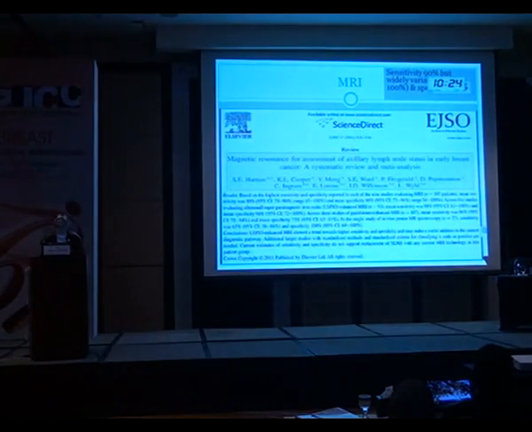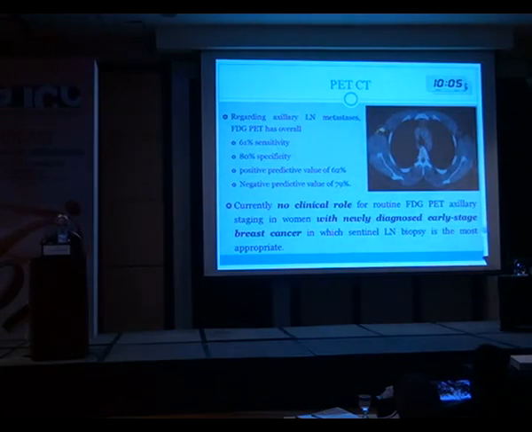In a large meta-analysis and systematic review, they found that the sensitivity is 90%, but is very widely variable from 60 to 90%. And this decreases the role of MRI in diagnosis of axillary lymph node.